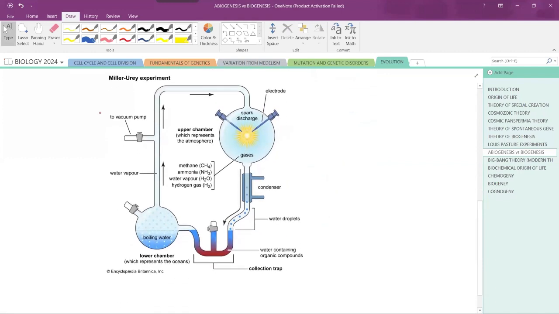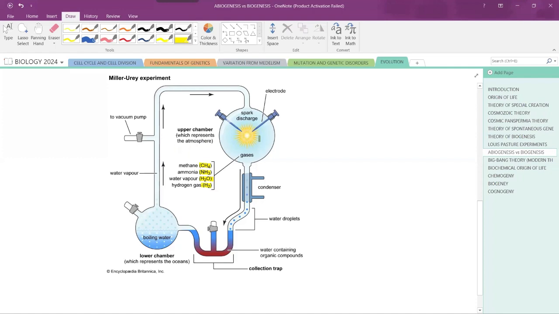Let's see. At the start of the formation of Earth, we have already seen that there is methane gas, ammonia gas, water vapor, and H2 in the atmosphere, and there is continuous lightning on our Earth.